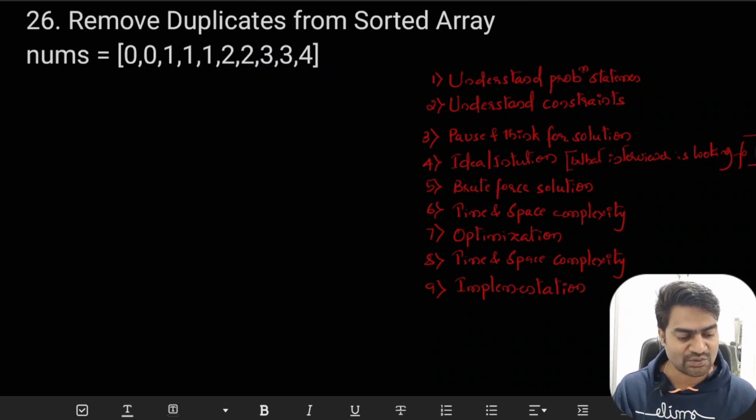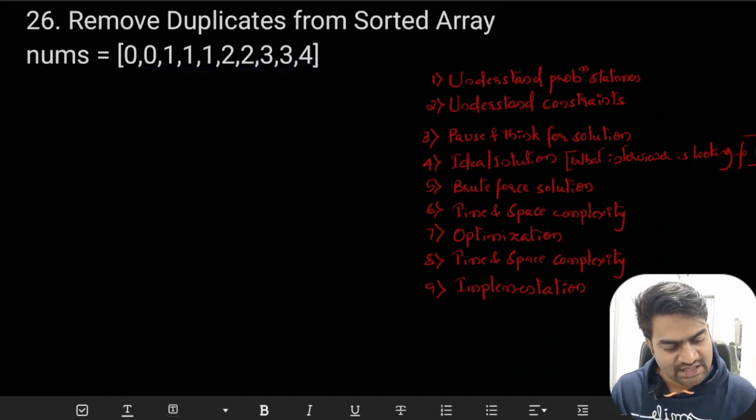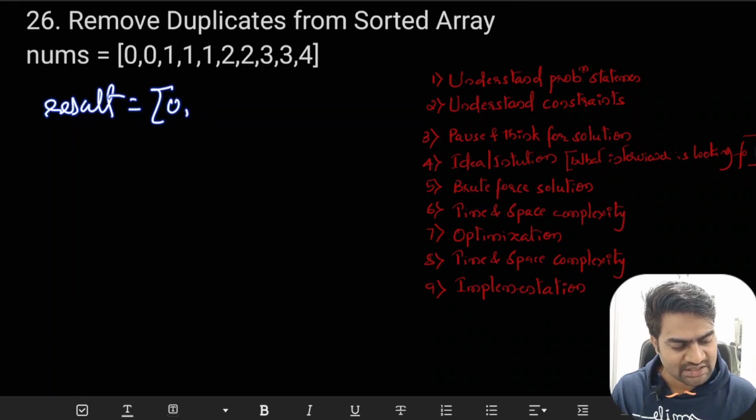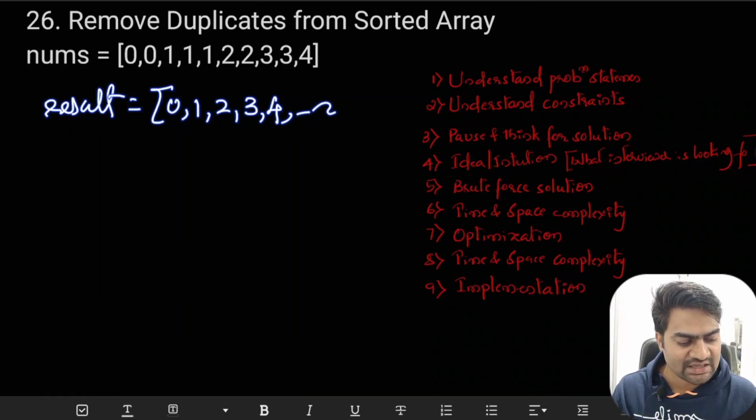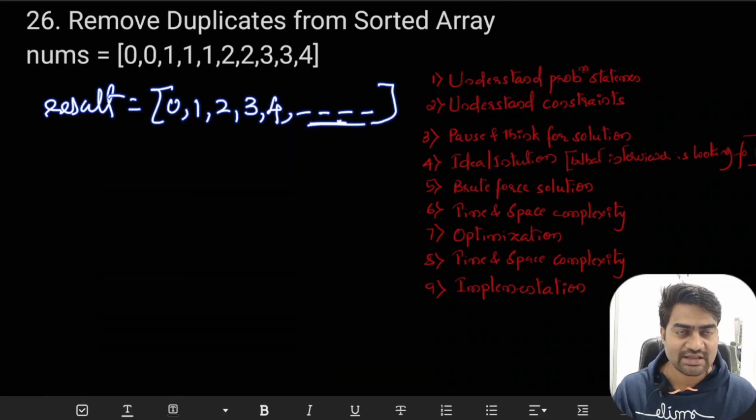What we need to do is remove these duplicates from the array. Then our result array will look something like this: 0, 1, 2, 3 and 4, and the remaining numbers, you can keep them as any number or as underscore or empty. That really does not matter.